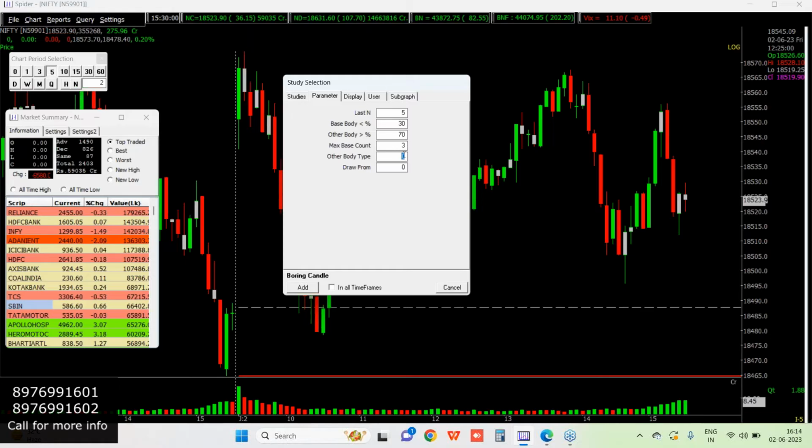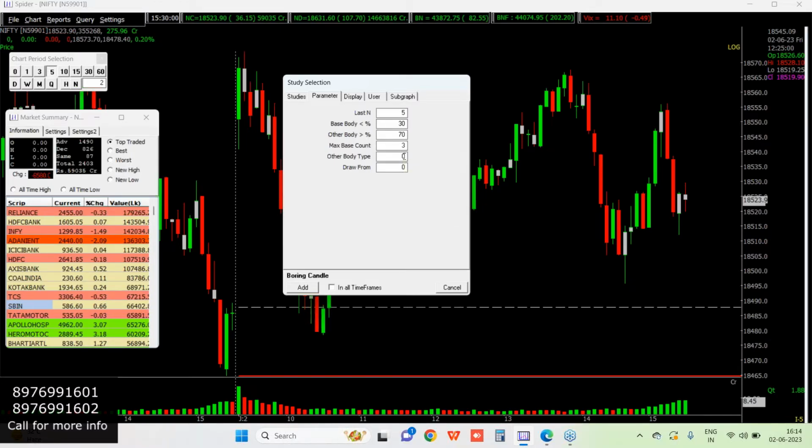But if you want to specify rally base rally, rally base drop, drop base drop or drop base rally, here you can see the options: green base green, then green base red, the third is red base green, and the fourth is red base red.